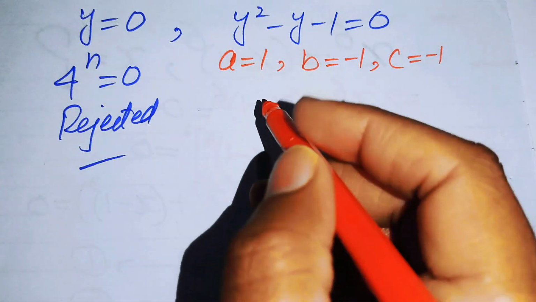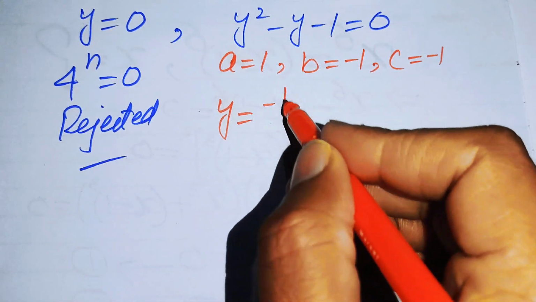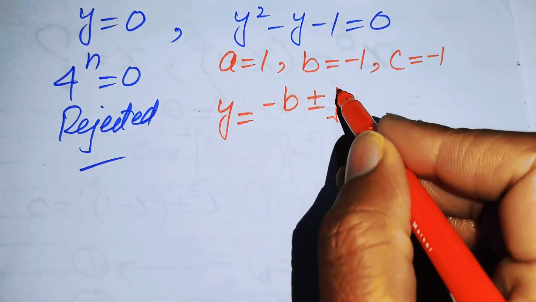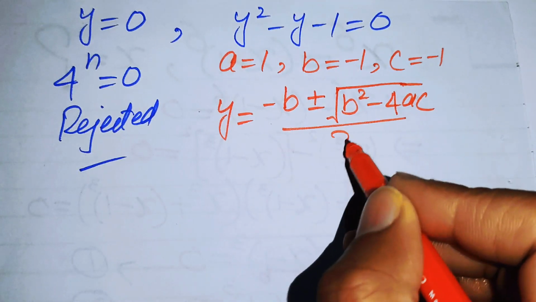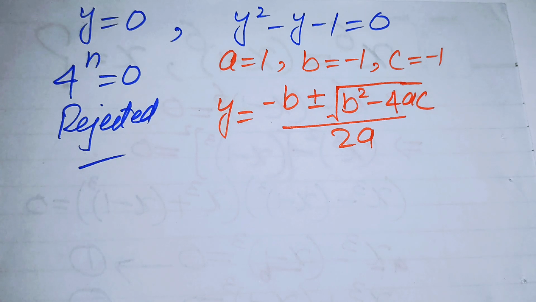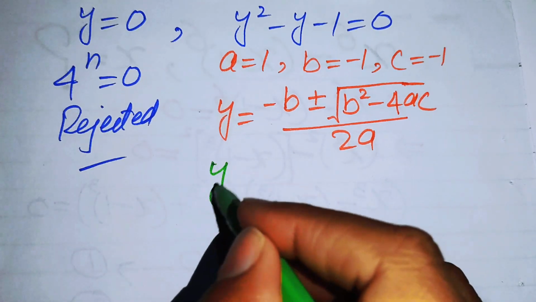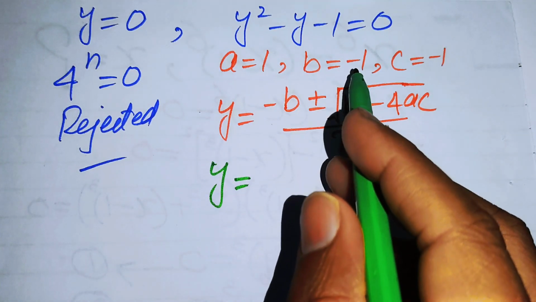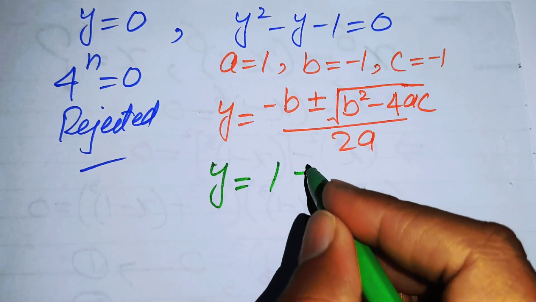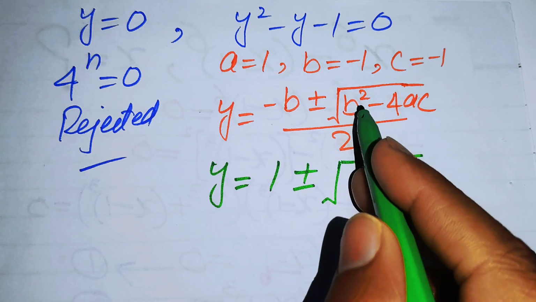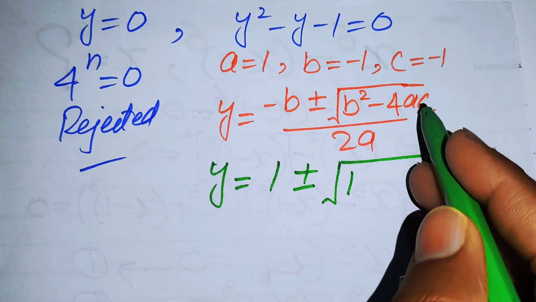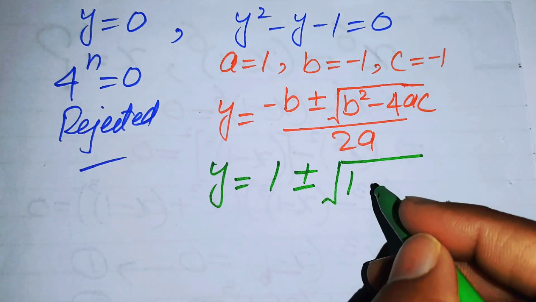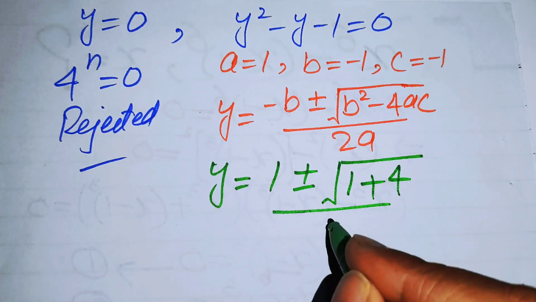The quadratic formula is y equals minus b plus or minus the square root of b squared minus 4ac, divided by 2a. Substituting the values of a, b and c, we get y equals minus b, and the value of b is minus 1, so minus times minus becomes plus 1, plus or minus the square root of b squared. Our b is minus 1, and minus 1 squared is plus 1, and minus 4 times ac, where a is 1 and c is minus 1, becomes plus 4, divided by 2.